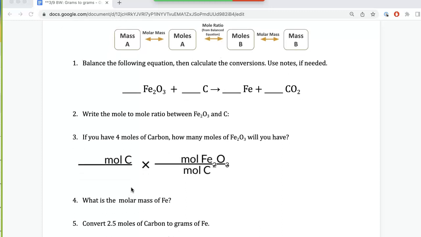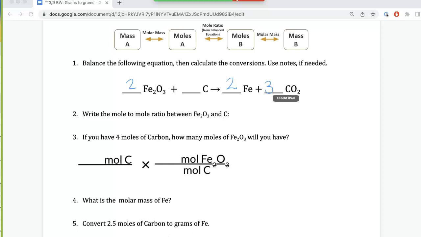When we're using the mole highway, we need to make sure that we have a balanced equation because we'll need the balanced equation for the mole-to-mole ratio to go from moles of one compound to moles of another. So if I begin by balancing this equation here, I would need 2 irons, and I probably wouldn't start with iron, probably not the best idea, but here we go anyway.